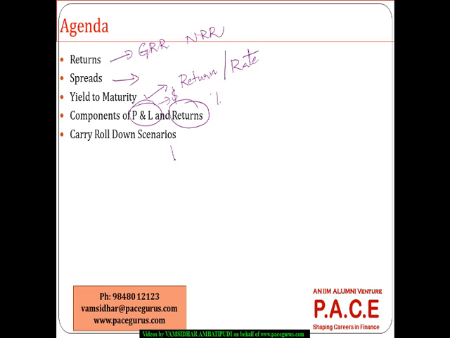And we will introduce what is called carry roll down scenarios, where we'll talk about a few important concepts like realized forwards and unchanging term structures. A few of these scenarios we will try to understand. So these are the few things that we are going to take up in this particular session.